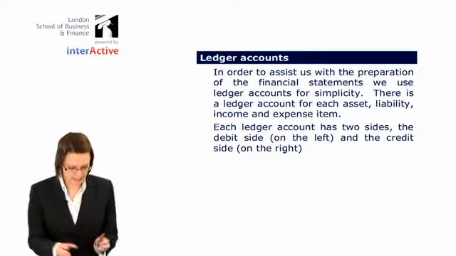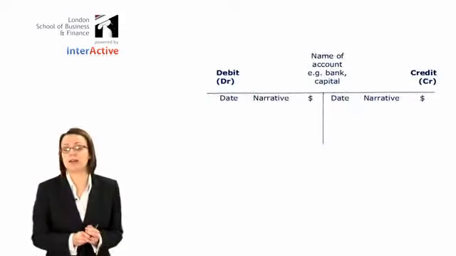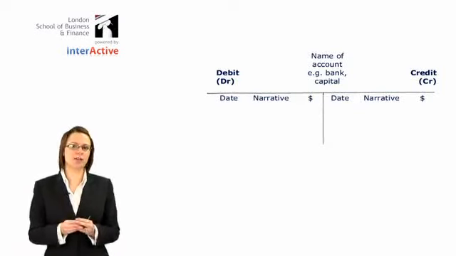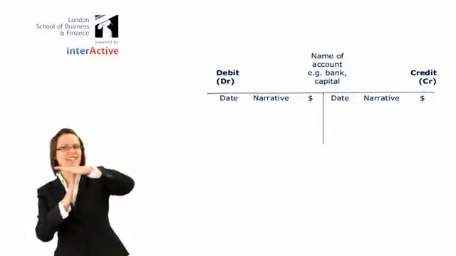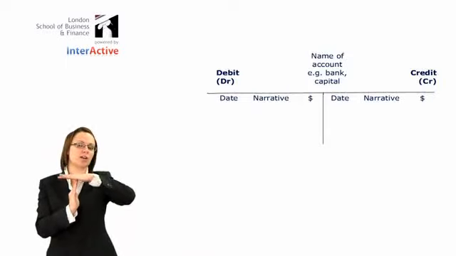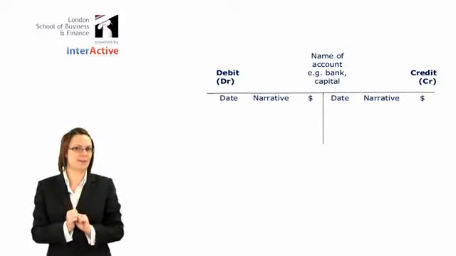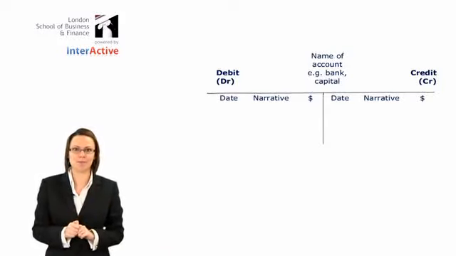So let's have a look and see what these ledger accounts effectively look like. Now, you can see there a ledger account almost looks like a T. Okay, T account, we sometimes refer to that. Long line across the top and obviously a line in the middle, as you can see in your notes.